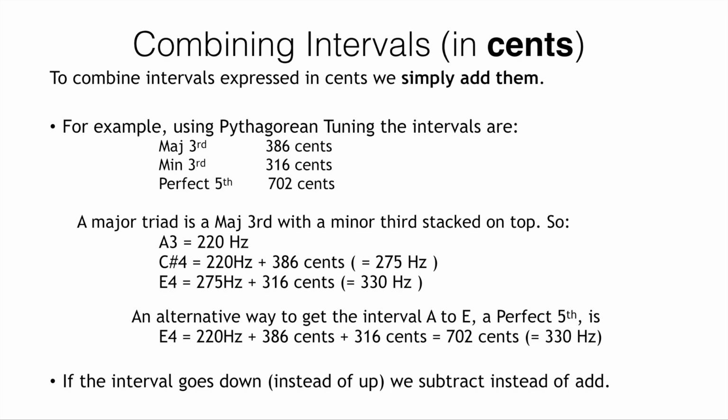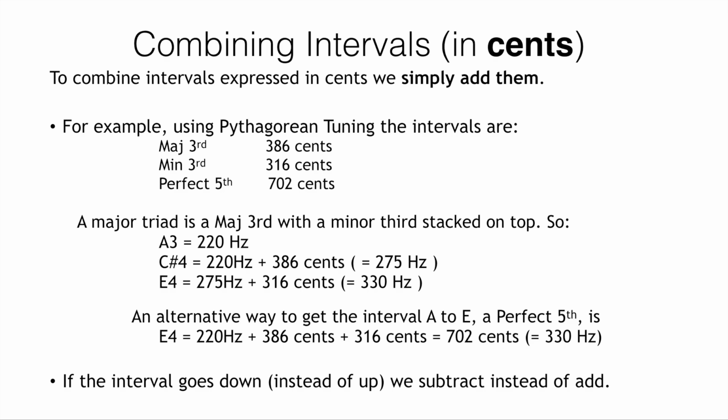So, to build our A major triad, we would have our base frequency of 220 for the A. C sharp 4 would be the interval 386 cents above 220 Hertz, and E4 would be that interval with a minor third on top of it, which is 316 cents.